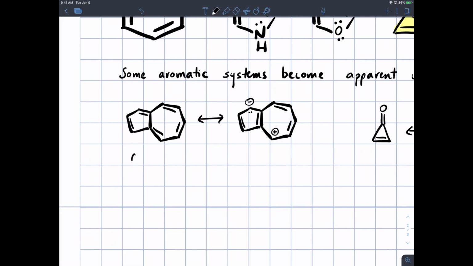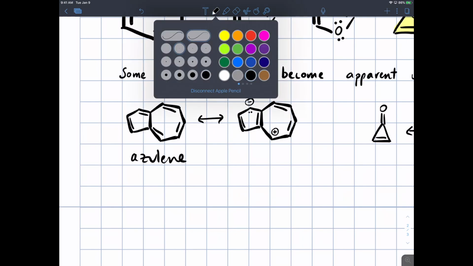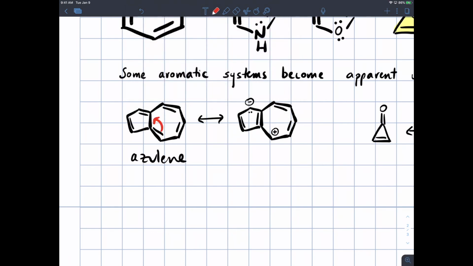Some aromatic systems, it's easier to see that they're aromatic once you consider resonance structures. This one is called azulene. If you count electrons, 2, 4, 6, 8, 10, that's an allowed number. But if you draw the resonance structure where we move this double bond over and these electrons over, you get both a tropylium ion and a cyclopentadienyl anion in the same molecule.